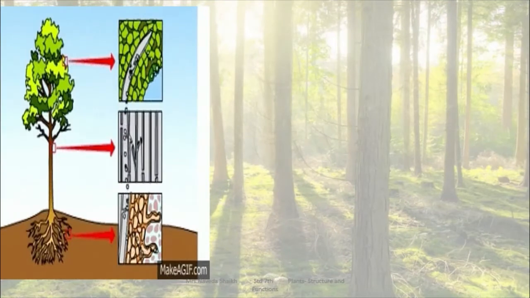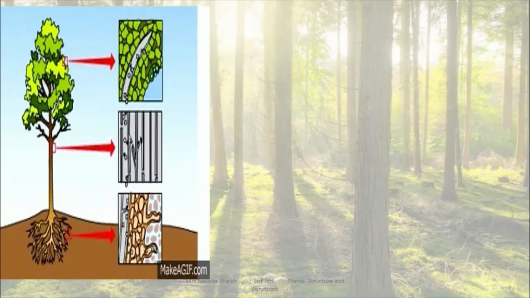Now let us understand why the stem is very important. As we learned, roots are important in order to absorb nutrients and water from the soil. Now where will this water go? Why are they absorbing nutrients and water? The roots will send this to the different parts of the plant, that is the leaves, and this happens through the stem. The stem acts like a pipeline.